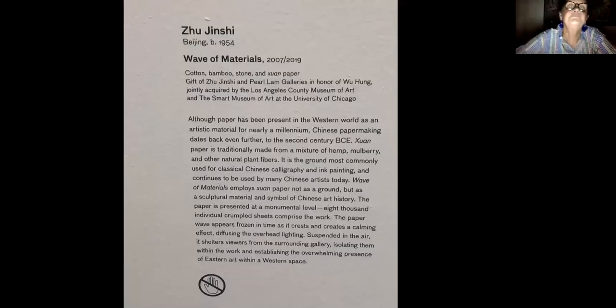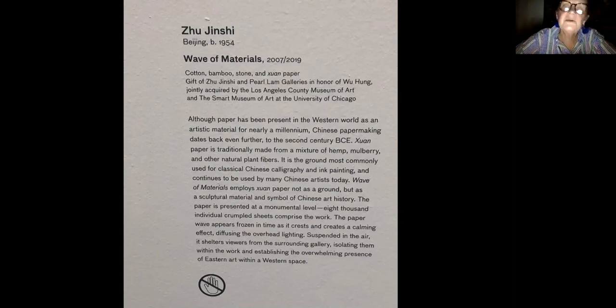But Zhu Jinshi is not Japanese, he's Chinese. And this piece deals with Chinese paper that is, as you can see here, a mixture of hemp, mulberry, and other natural plant fibers. It's used for calligraphy and ink drawings, but he is using it as a material symbol.